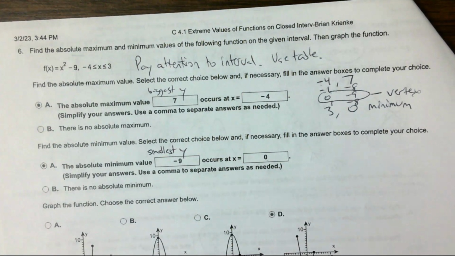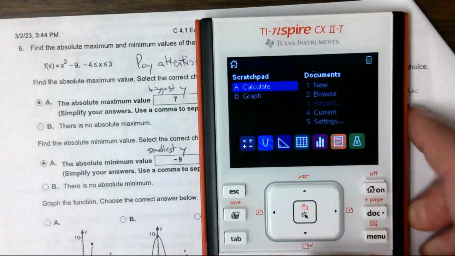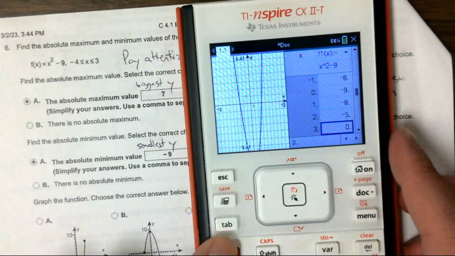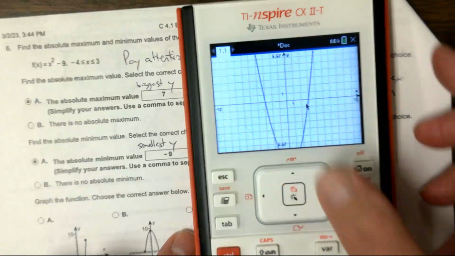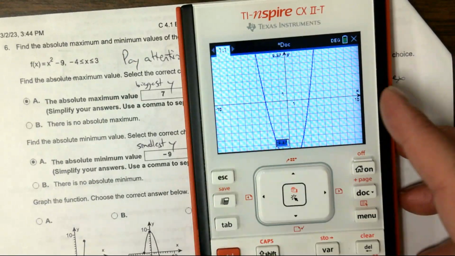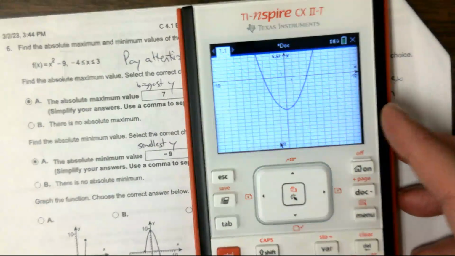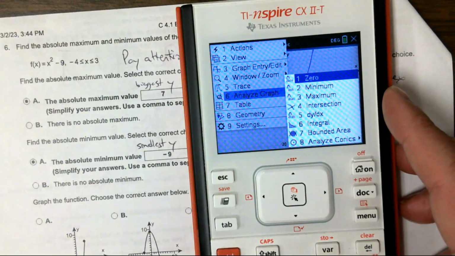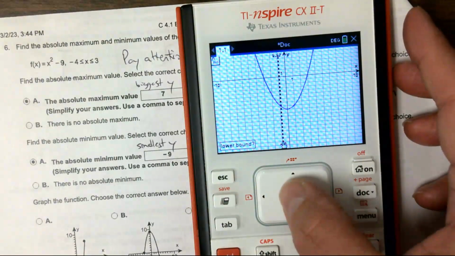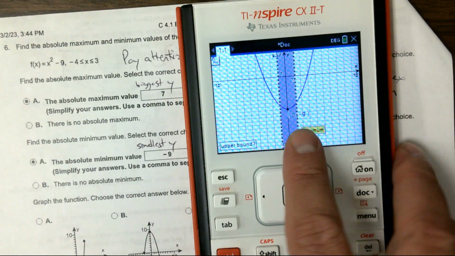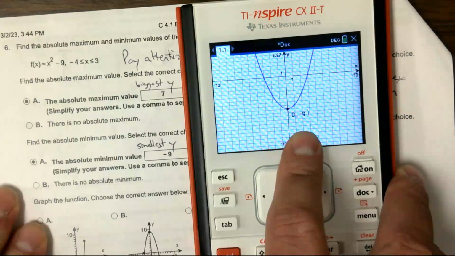Now, if you want to compare it, here's the thing. So if you get rid of your table and we make this like -20, you can actually see that your minimum is 0, -9 on the graph.